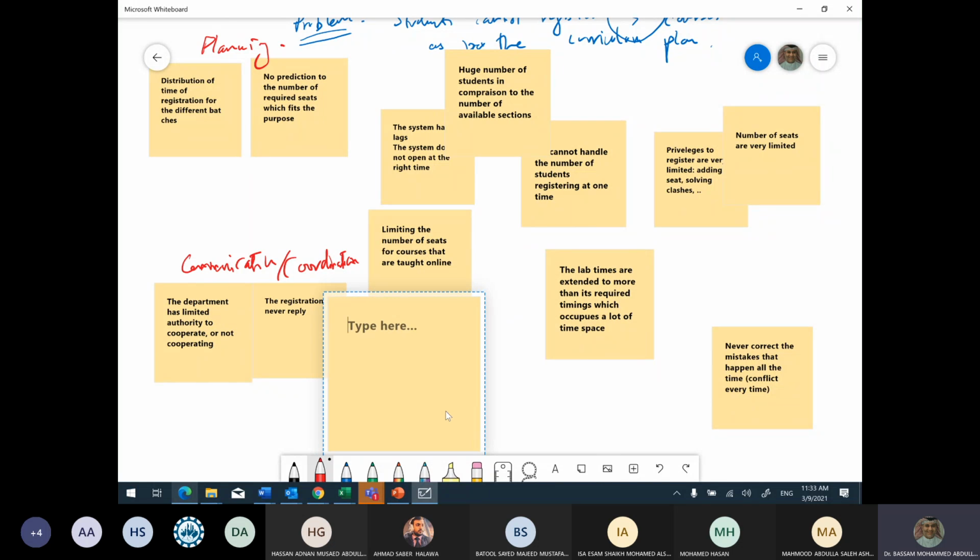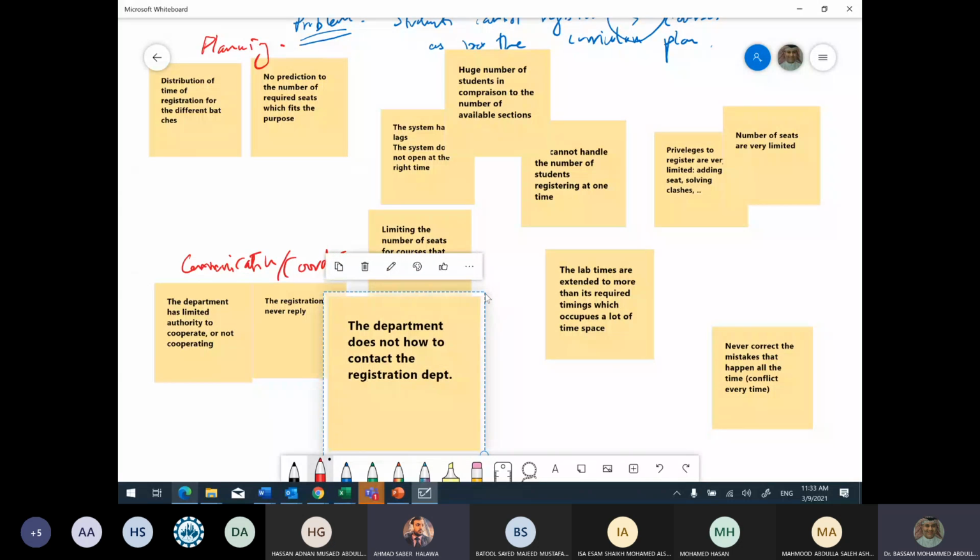They are stuck as you are stuck. So the department does not know how to contact the registration system.